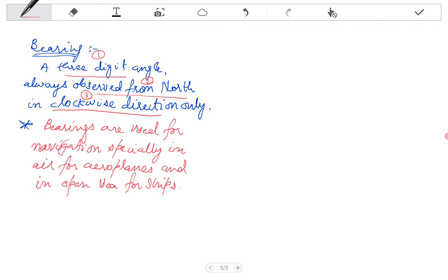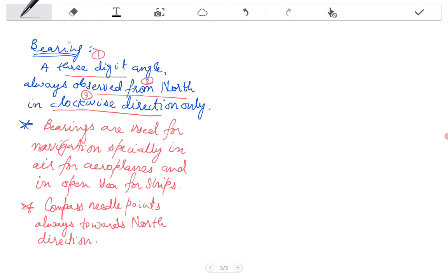So we have to keep in mind that we have to take help from our compass needle. The compass needle always points towards the north direction, so it is easier to tell your location or to understand any position with the help of the compass needle, and that gives us north specifically.